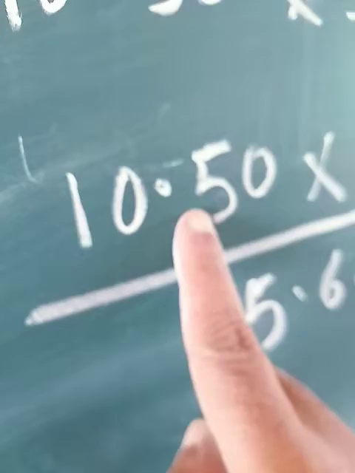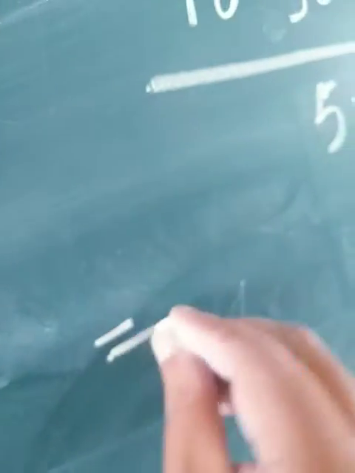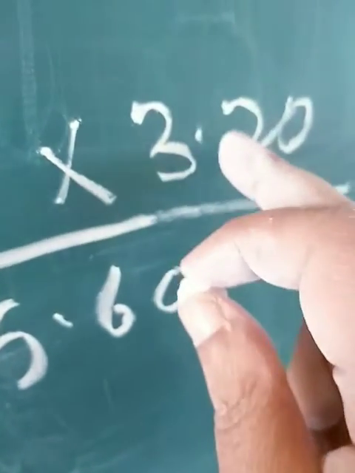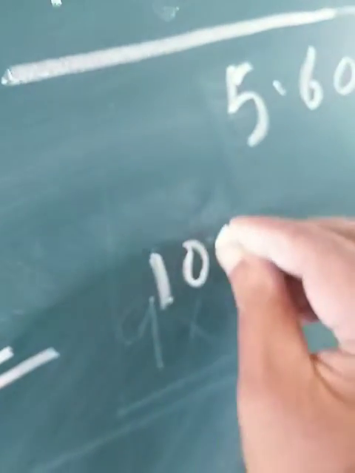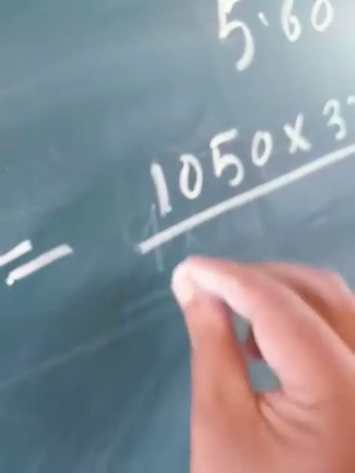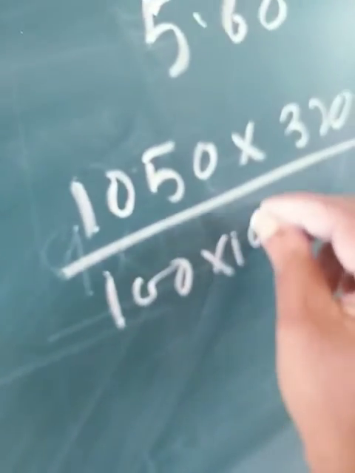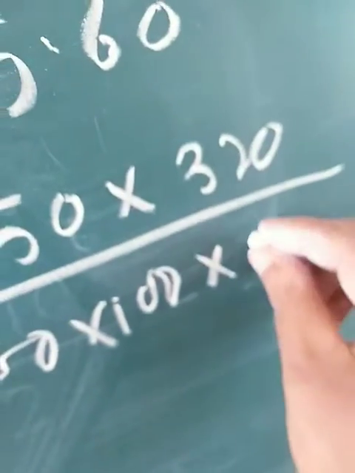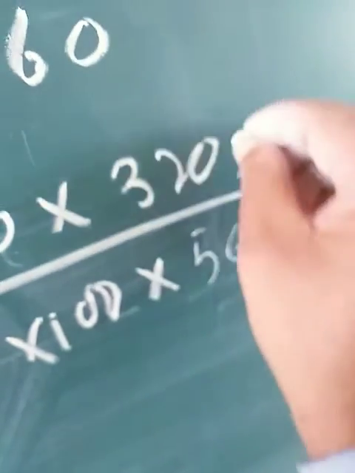See, here is a decimal, so you have to remove the decimal. So once you remove the decimal, we'll put 100 down, and even the same thing we'll do with this. Fine. So it will look like 1050 into 320 by 100 into 100. Now when we remove these decimals, we'll put 100 in the numerator.